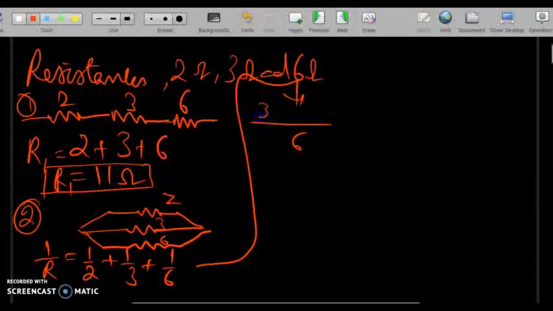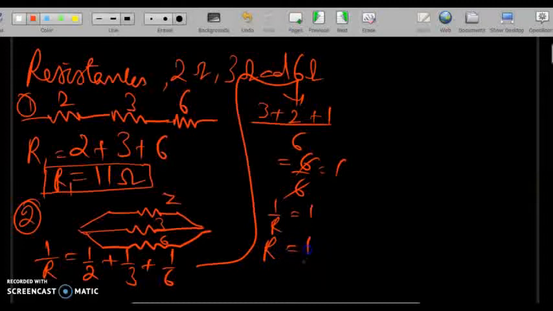That's 3 plus 2 plus 1, which will be equal to 6 by 6, that is equal to 1. So 1 by R is equal to 1, which implies R is equal to 1 ohm. Let me call this R2. So the parallel combination is giving the value of 1 ohm.